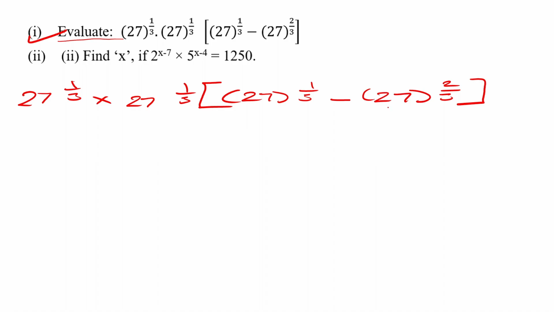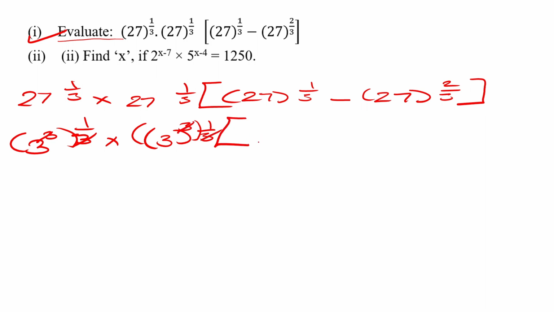Now if we break this down, 27 can be expressed as 3 cube. So 3 cube to the power 1 by 3, you cancel it, you get 3. Same for the inner bracket: 3 cube to the power 1 by 3, cancel, and you get minus, except here you have to be careful because it's not the same thing again. 3 cube and 2 by 3, so now you're cancelling the 3 but you still have a square on top.